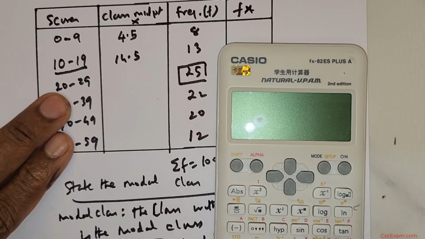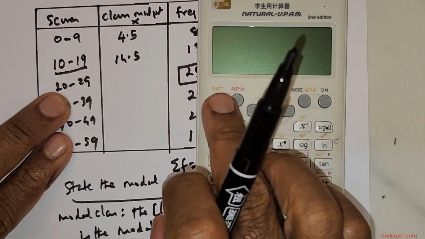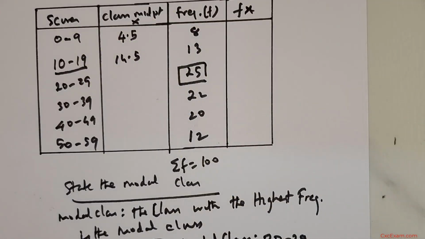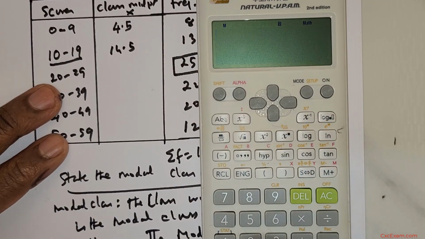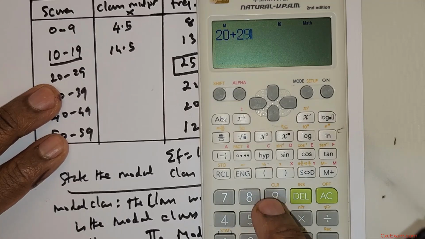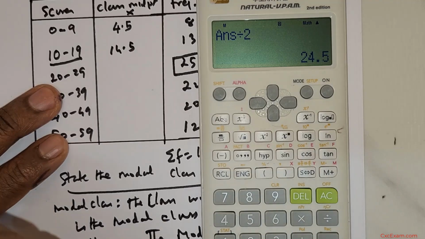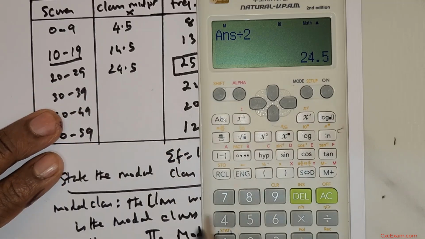So add 20 with 29. You need a calculator. 20 to 29, you divide by 2. What do you get? 24.5.